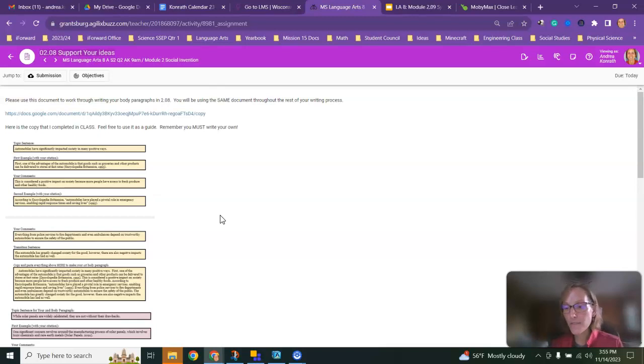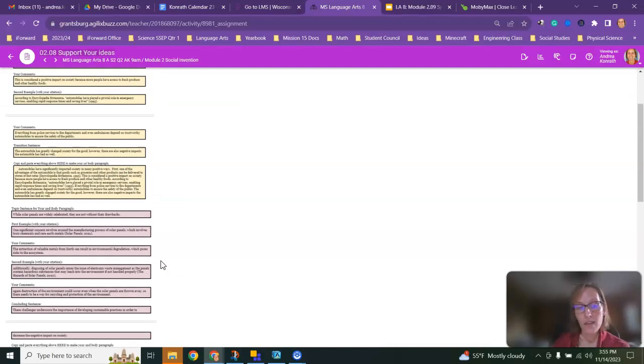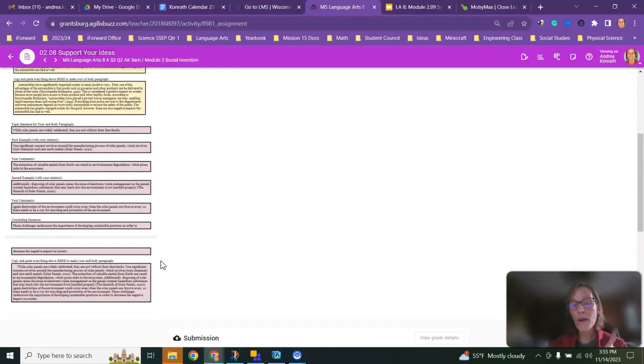If you haven't yet finished 2.08, get that done today. It's so important that you stay on track with your assignments. In Buzz 2.08, I have even included my samples that I shared with you in class from earlier this week. Remember, you need a paragraph on positive impacts of your invention and a paragraph on negative impacts on your invention.